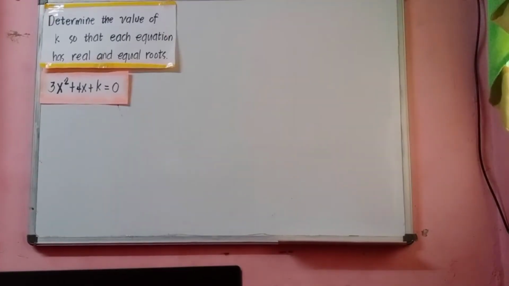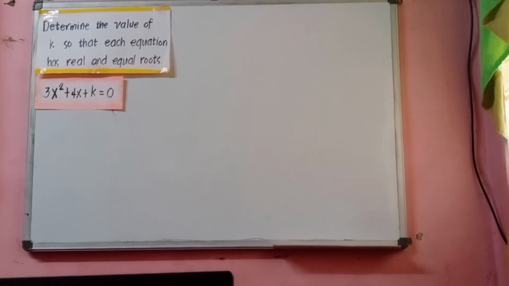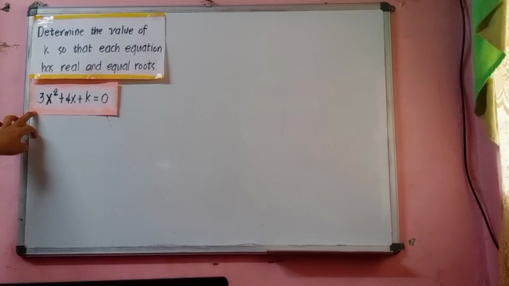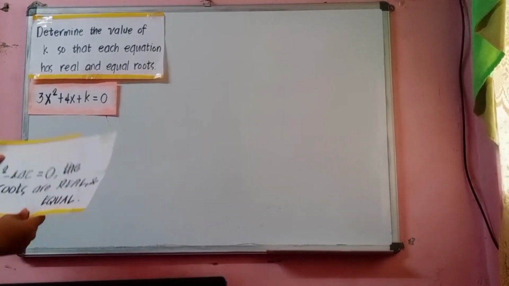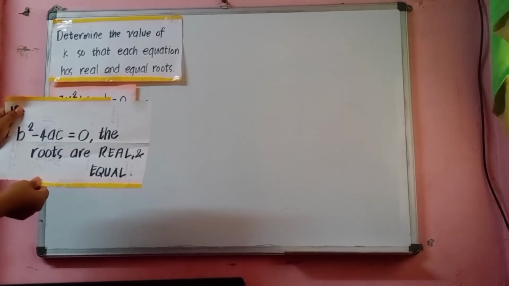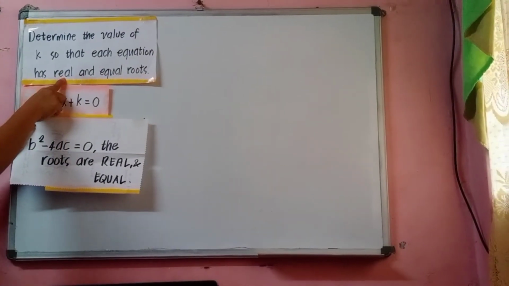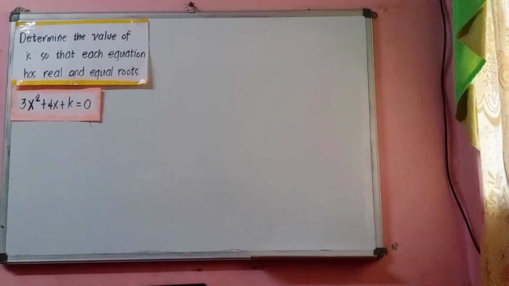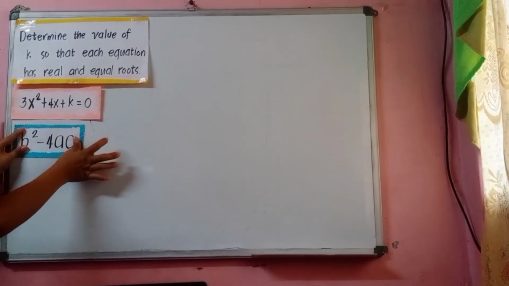This is an application of the discriminant formula. Now determine the value of k so that each equation has real and equal roots. Now we have here the given is 3x squared plus 4x plus k equals 0. How do we solve for k? Remember that when b squared minus 4ac equals 0, the roots are real and equal, which falls to the condition that is given. So to do that, we need to use the discriminant formula.